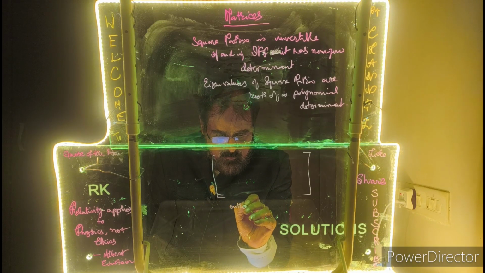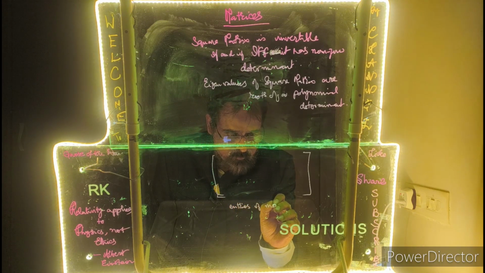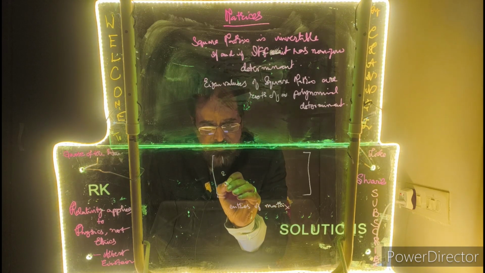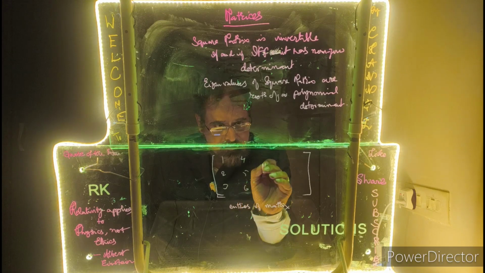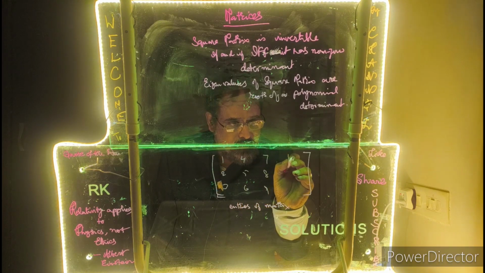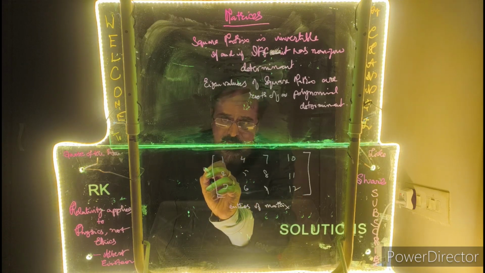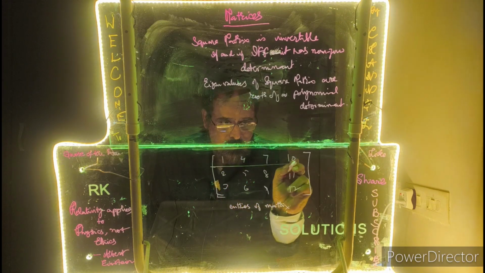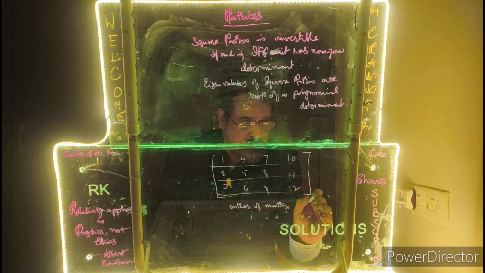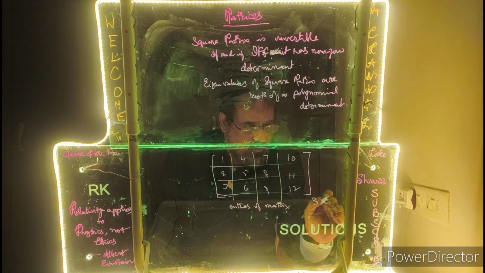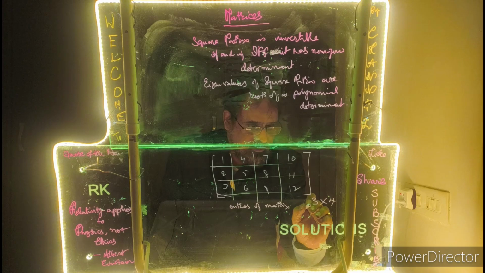What we put in here are called entries of the matrix. And as we have seen, 1, 2, 3, 4, 5, 6, 7, 8, 9, 10, 11, 12. This is basically 3 rows into 4 columns. The size of this matrix is 3 by 4.